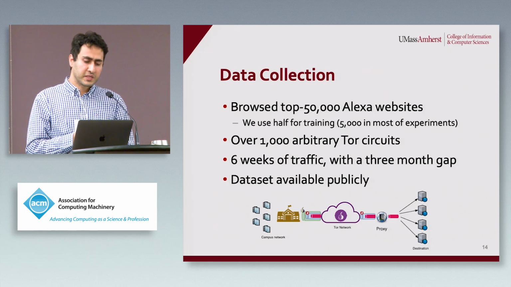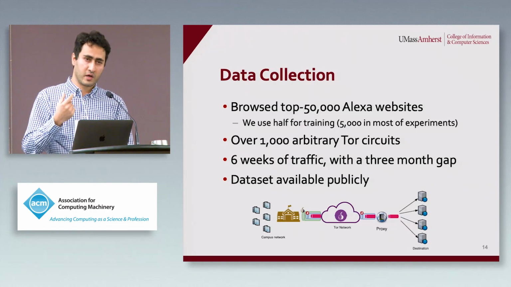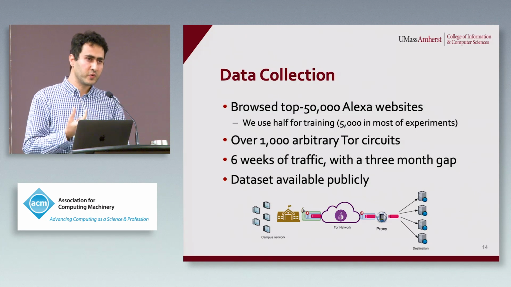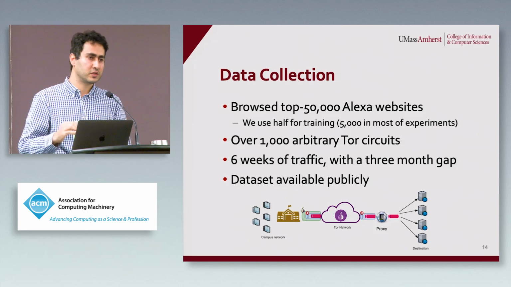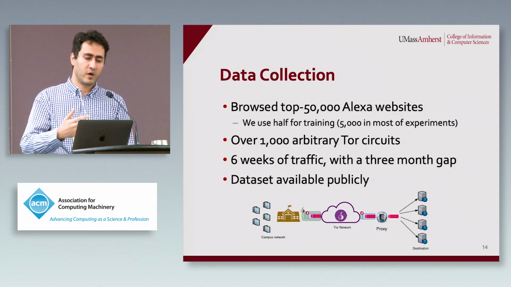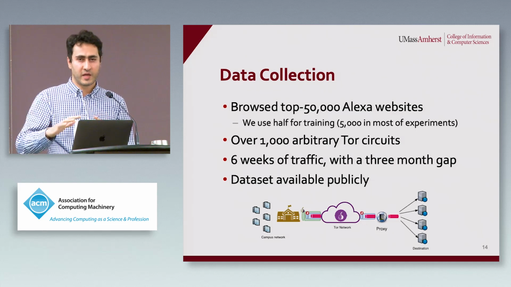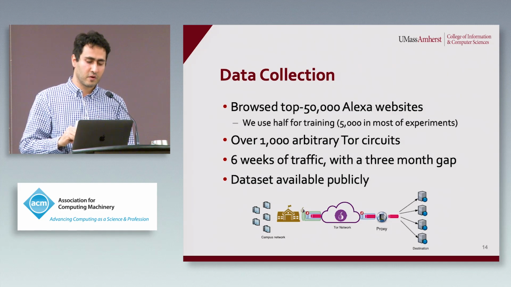Then we collected these flows over a span of 6 weeks. First, we collected over a 2 week period, and then we paused for 3 months to evaluate the impact of time over training, which I'll talk about. After that, we collected for another 4 weeks.